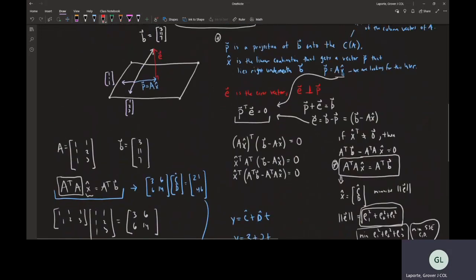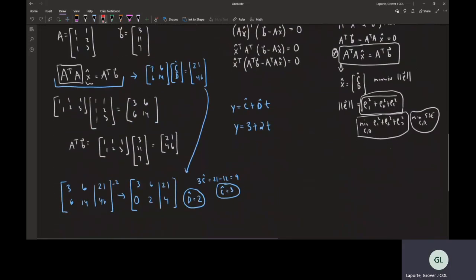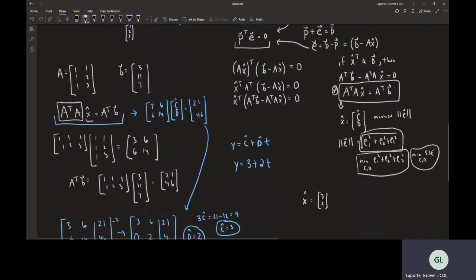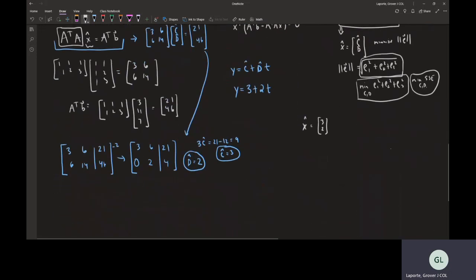So we know x hat. Okay, so once we know x hat, so x hat equals 3, 2. So I know P. So how to get the P vector? It was just equal to A x hat.